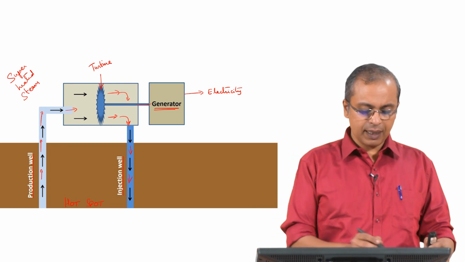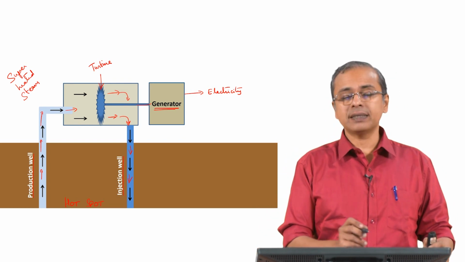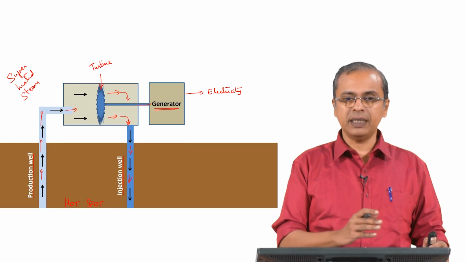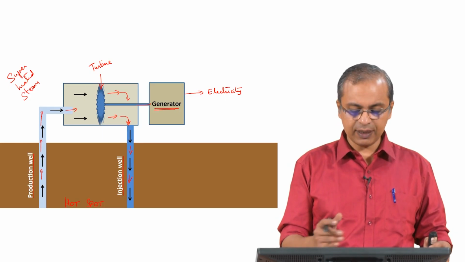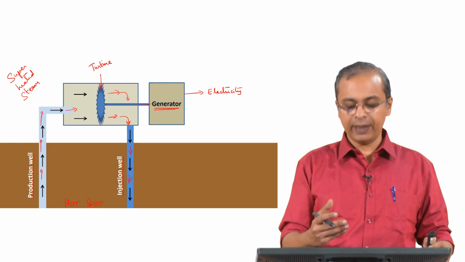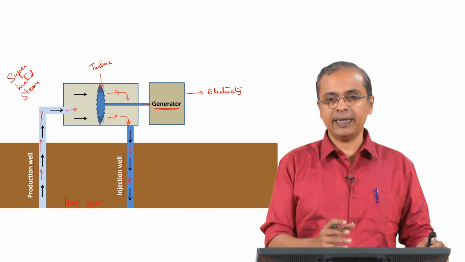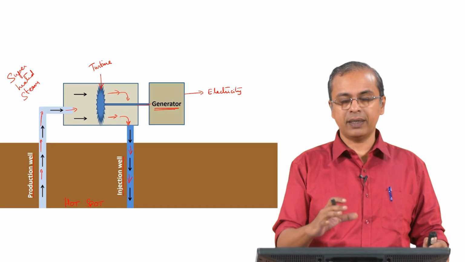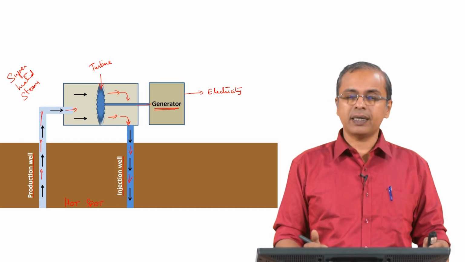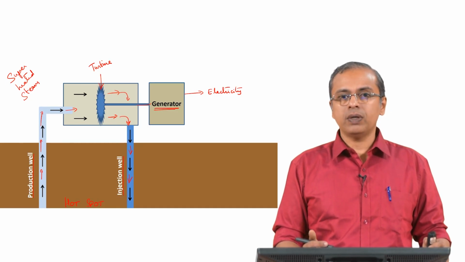So, now when you go past the turbine, the steam has completed its work, it has rotated the turbine, and you are about to exit the turbine chamber. At that point you may still have it as steam. So, what should you do?